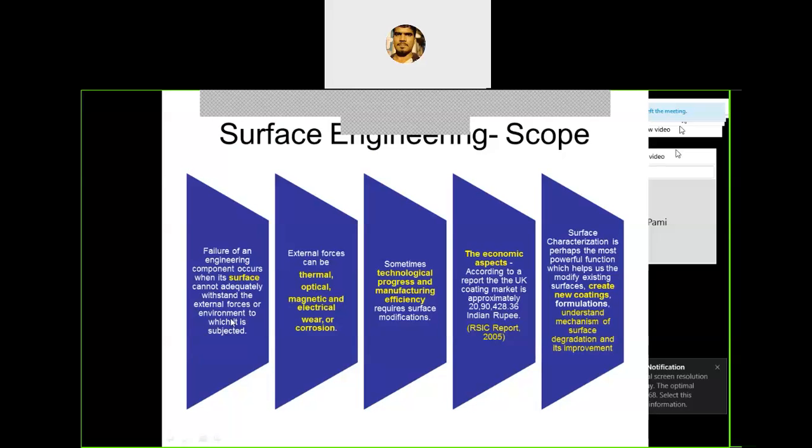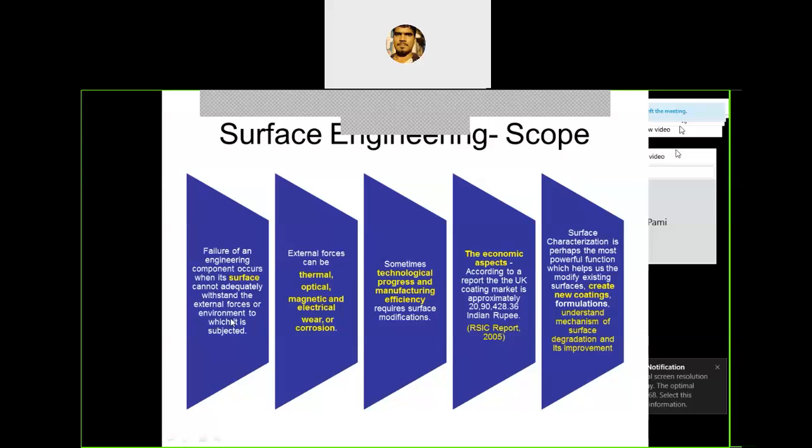One contributing factor to that failure is the surface. If the surface is not able to sustain the load, then directly the component fails. Or if the surface is subjected to environmental conditions like moisture and rust, again there is a failure in the component. So the surface is one important factor that contributes to the failure of the component.